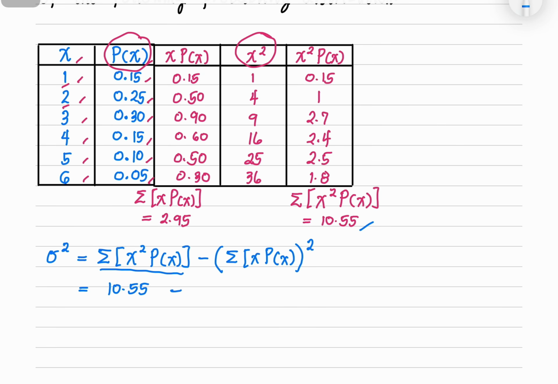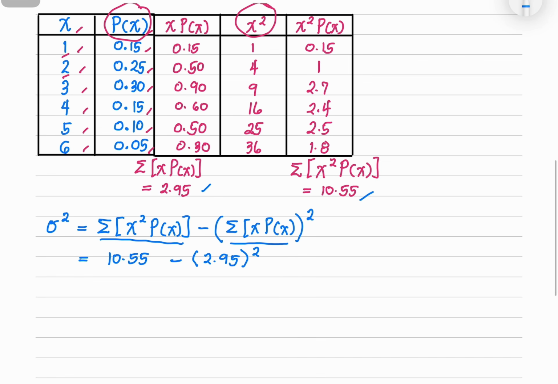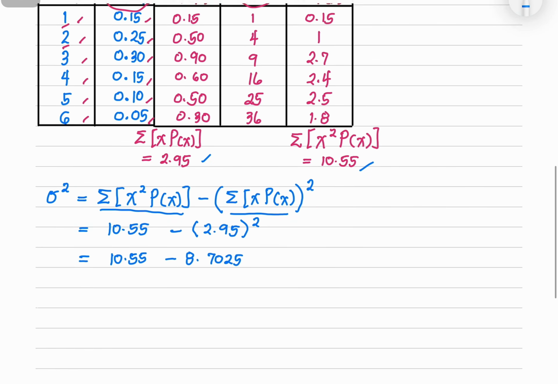Okay, so ito yon. So this is equal to 10.55 minus yung square ng mean natin, which is, ito yun, class, 2.95, right? Okay. So parenthesis, 2.95 close square. Okay. So, i-simplify muna natin yung exponent. So, just copy 10.55 minus 2.95 square. So, that gives us 8.7025.